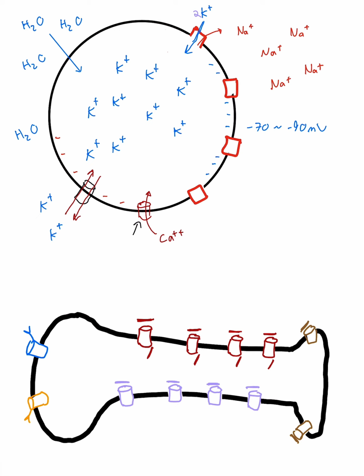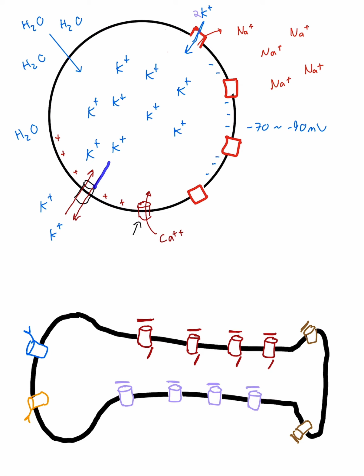But let's say I were to change the membrane potential and make this membrane potential a little bit more positive. And then you may ask yourself, what is going to change in terms of the movement of potassium? Overall, the movement of potassium moving from the inside out probably won't change much because I'm not really changing the concentration of potassium on the inside by changing the charge.